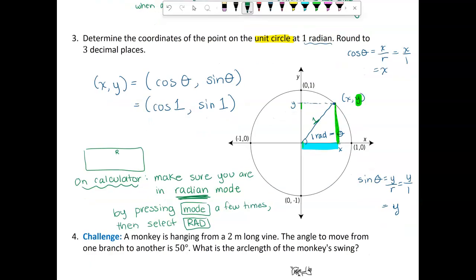You get that by pressing the mode button a few times until you can select the rad mode. Okay? When you type that in, cos of 1 is approximately 0.540, and the sine of 1 becomes 0.841. So your coordinate for 1 radian is 0.54, 0.841.